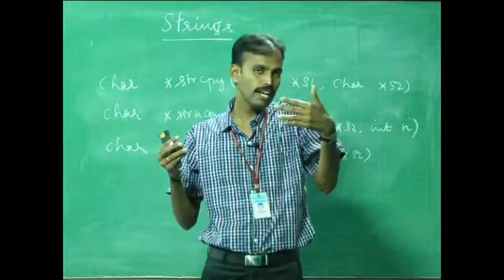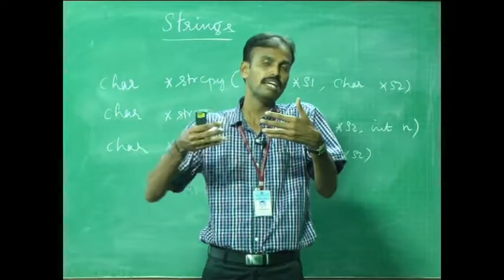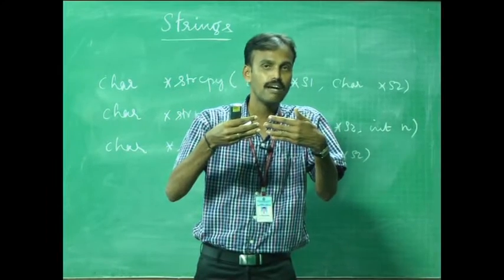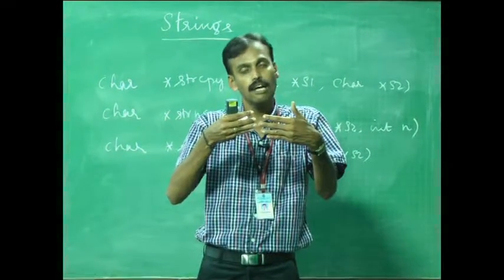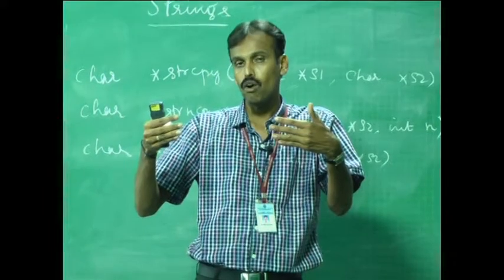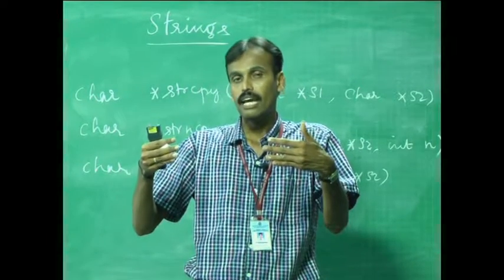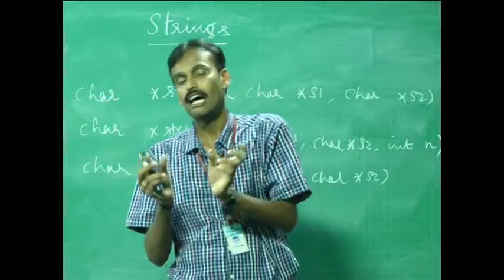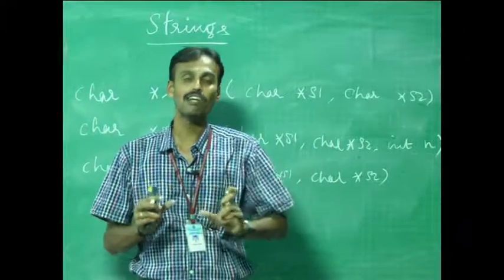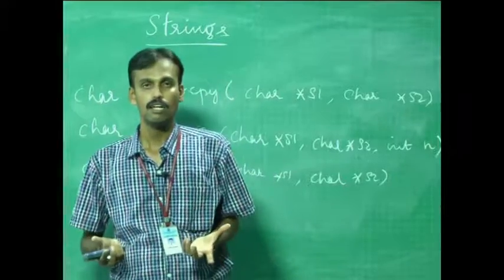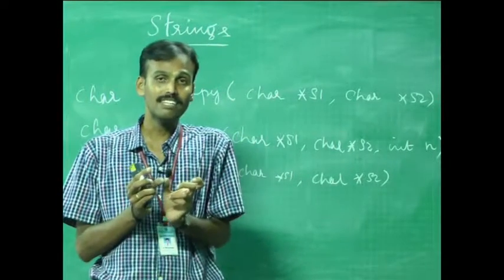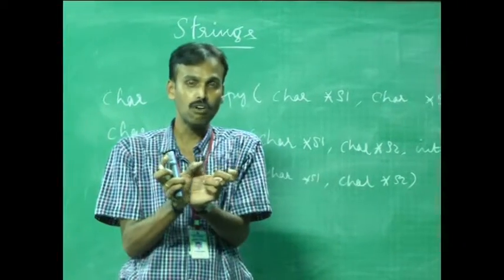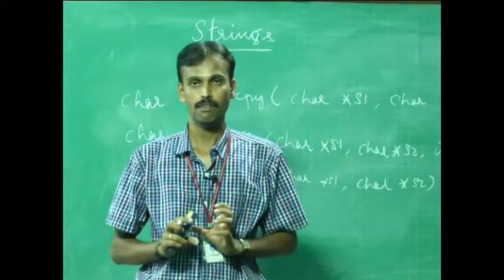So, when I want to join s1 along with s2, the first character of s2 moves on to replace the null character of s1, and the other characters of s2 follow the first character of s2, ending up with a null character, and then this is placed inside a new string called s1, and the value of s1 is returned. Now, here care should be taken in such a way that there is enough space to hold both those character sizes of s1 and s2 together.